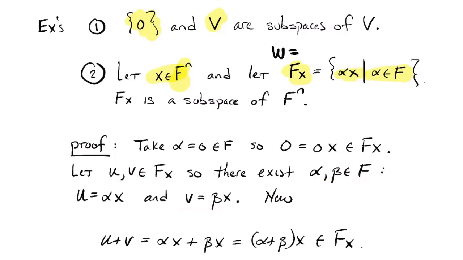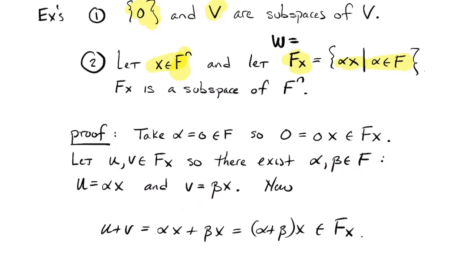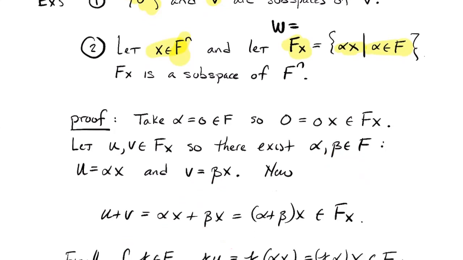Now I just look to see if u plus v is in there, so add them together. Take u plus v and rewrite them in terms of u is alpha x, v is beta x. This is a vector space axiom, right? That's one of our distributive laws: alpha x plus beta x is alpha plus beta times x. And alpha plus beta is certainly an element of F. So that shows by definition that u plus v is an element of F sub x. So there's our second condition.